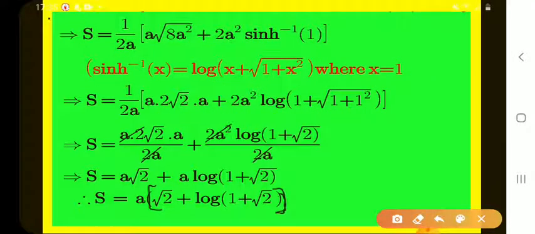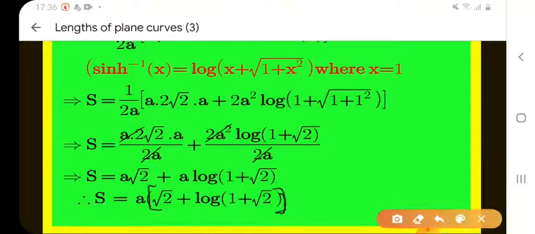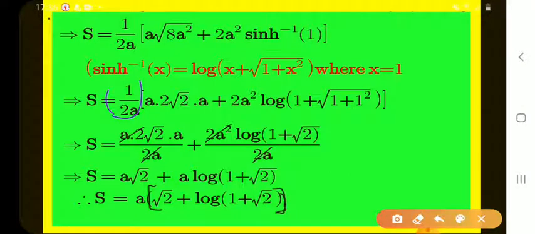Okay, next s equals a into 2 root 2, into a, by this denominator 2a, and 2a square log of 1 plus root of 1 plus 1 square, means 1 plus root 2, by 2a. So I multiplied 1 by 2a with 2 terms. Okay, so by 2a by 2a. Here 2a cancel.